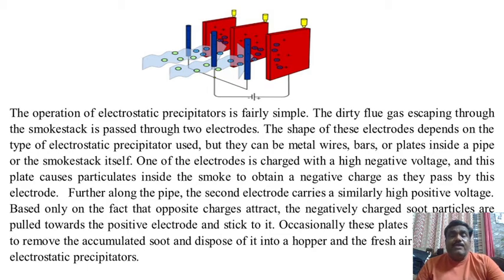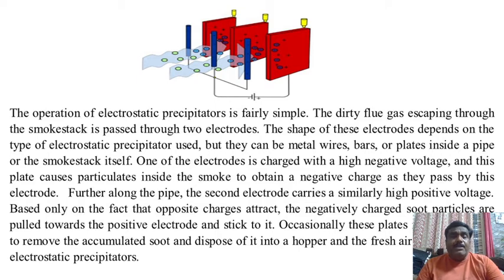The shape of these electrodes depends on the type of electrostatic precipitator used, but they can be metal wires, bars, or plates inside a pipe or the smokestack itself. One of the electrodes is charged with a high negative voltage, and this causes particulates inside the smoke to obtain a negative charge.